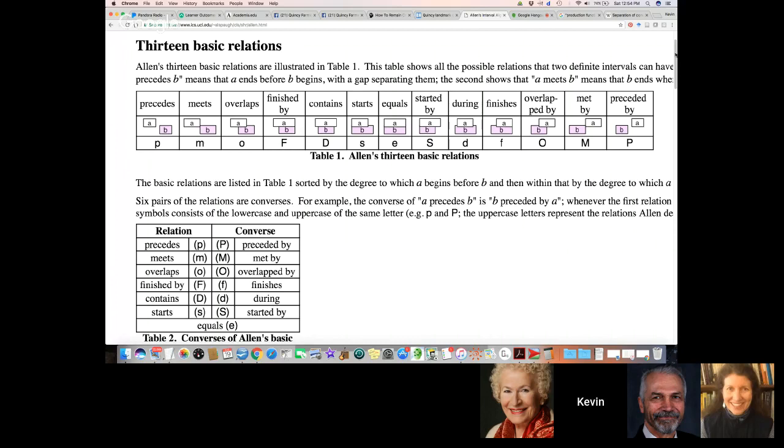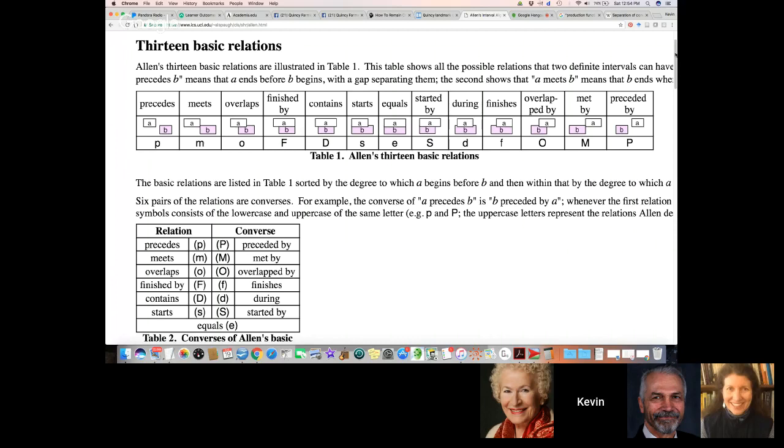So we have 13 relationships between two processes, there's a large number of relationships between three processes, and then whether the relationship is transitive or not. What does it mean to be transitive?